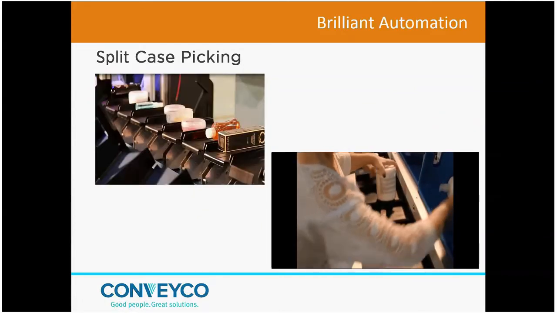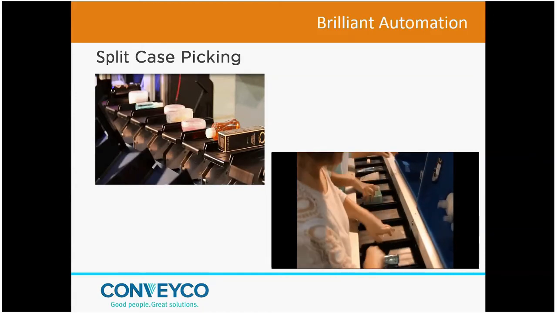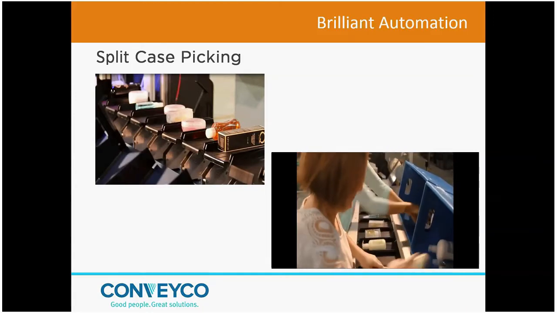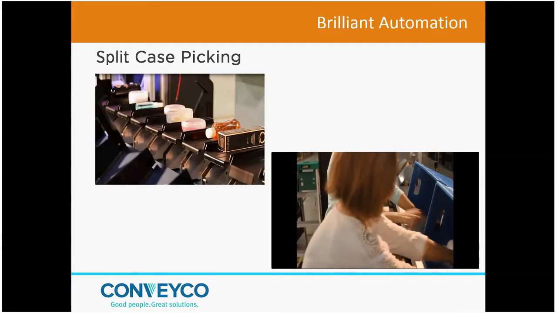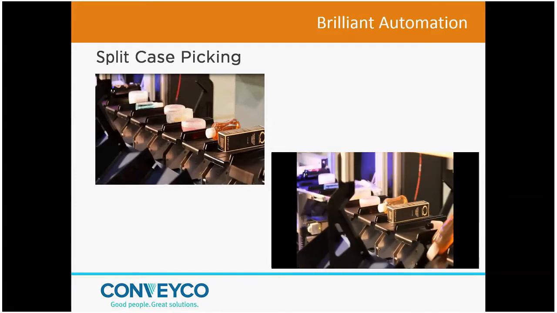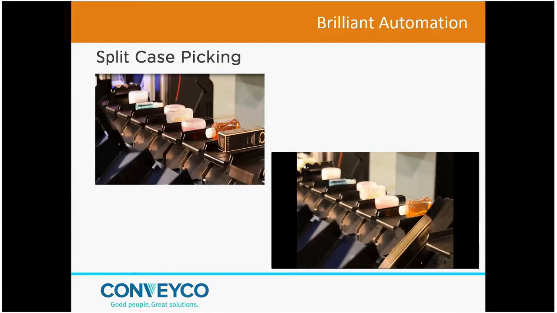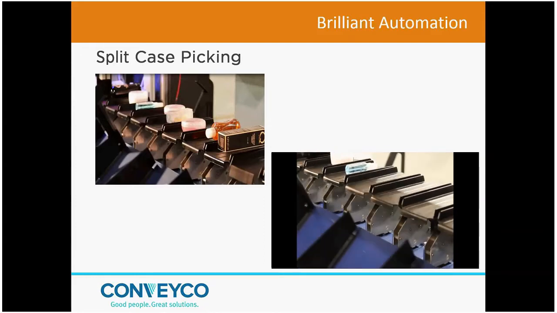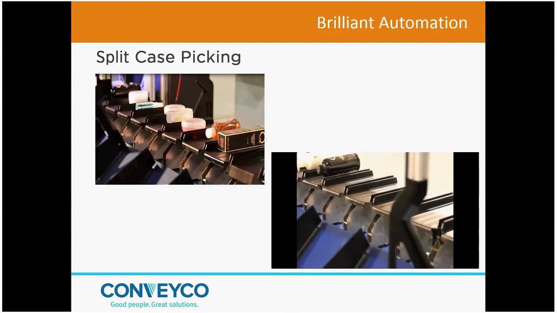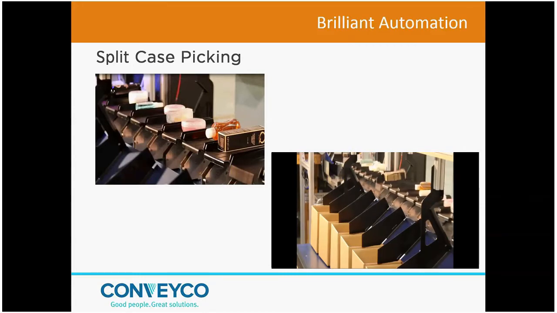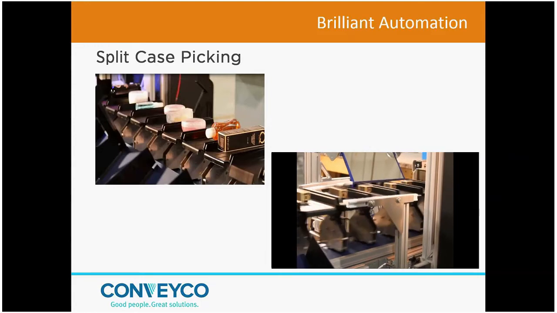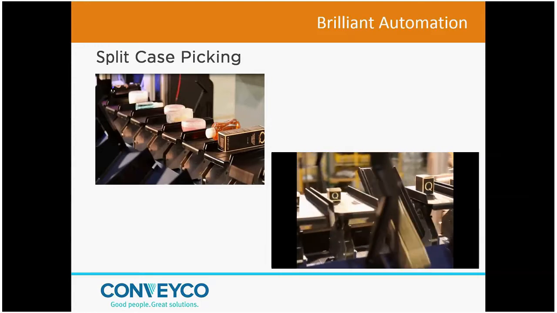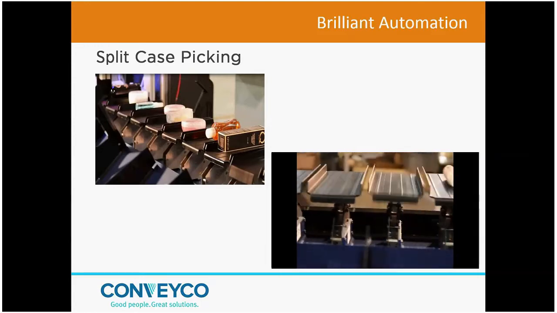Traditionally, tray sorters have been used for bagged apparel product. There are some unique tray sorters, sometimes referred to as micro tray sorters, that were specifically designed to handle hard goods such as cosmetics, jewelry, other health and beauty care items, any type of small product, eyeglasses, contact lenses, things like that.